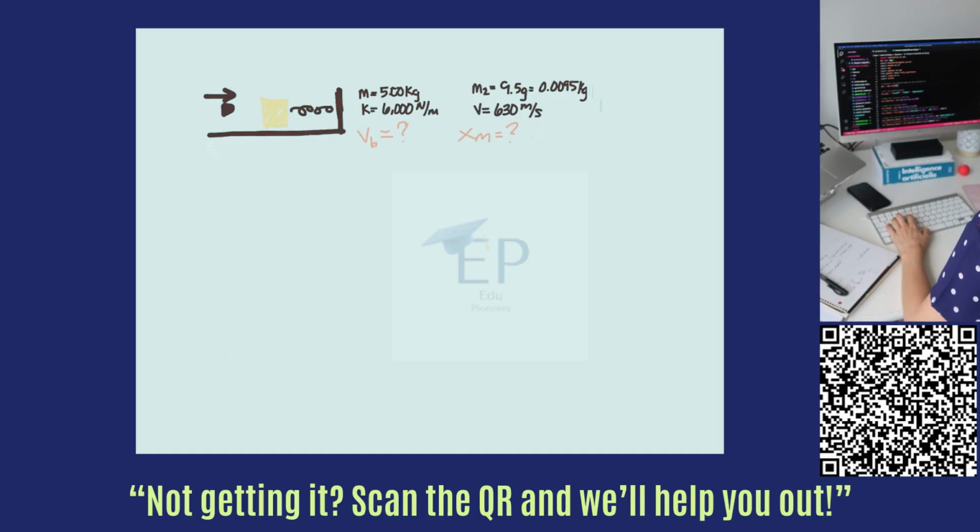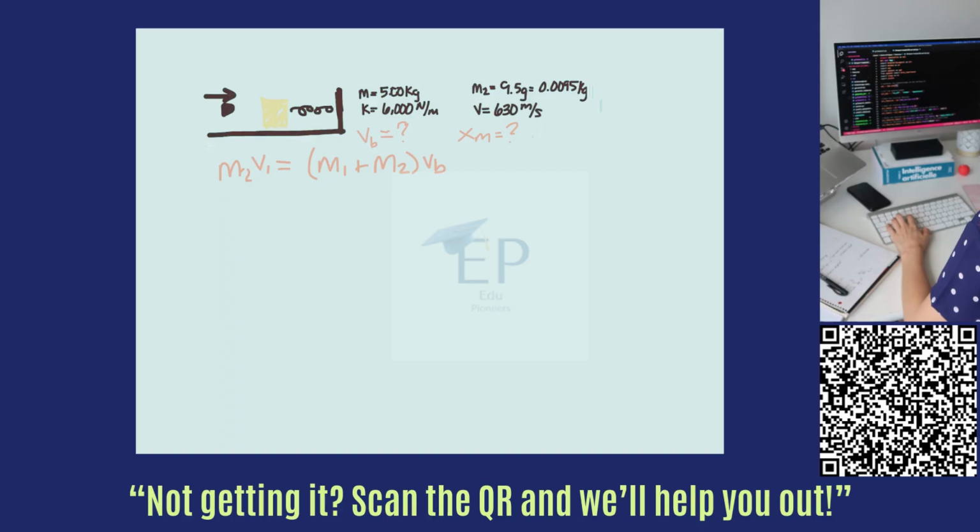And so we get the equation, the mass of our bullet times the velocity of that bullet is going to end up being equal to the combined masses of both the block and the bullet times the final velocity, the velocity we were searching for.